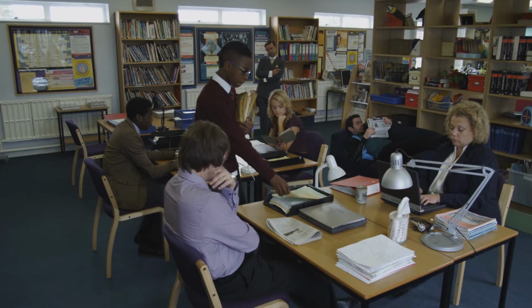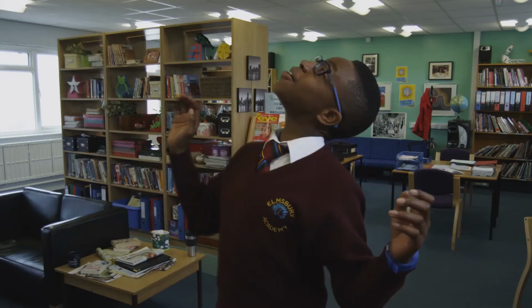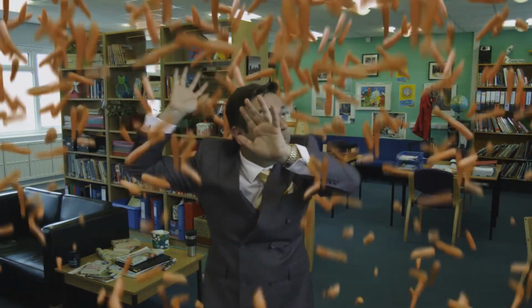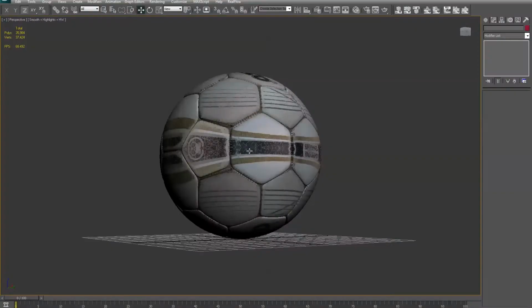We'll be taking a look at the super speed effects, which are my favourite effects for this episode. We'll also be taking a look at when Josh was surrounded with stickers, and how Belle was surrounded with carrots, and how we did that. So in this episode we've got a bit more 3D stuff, like a few simulations and such. So we're going to run through how they were done.